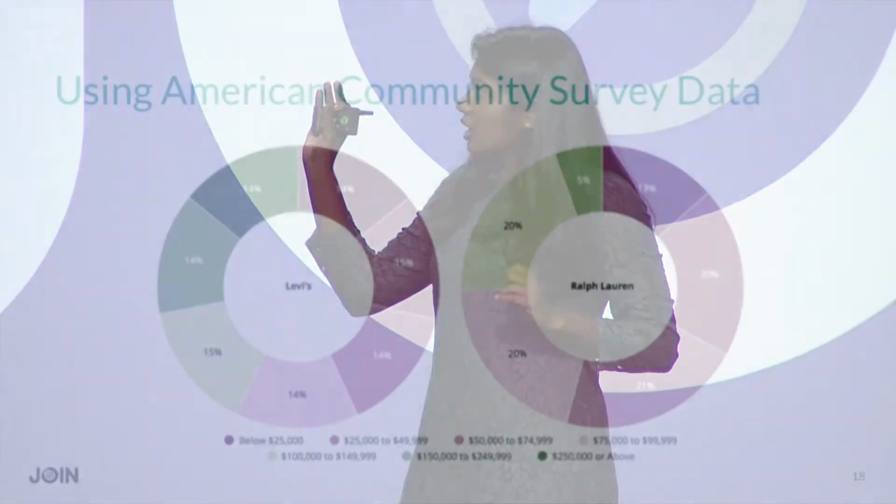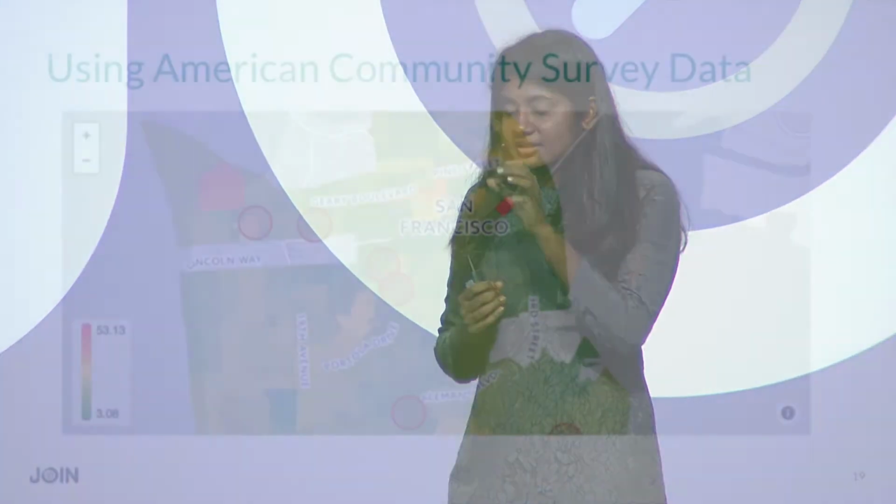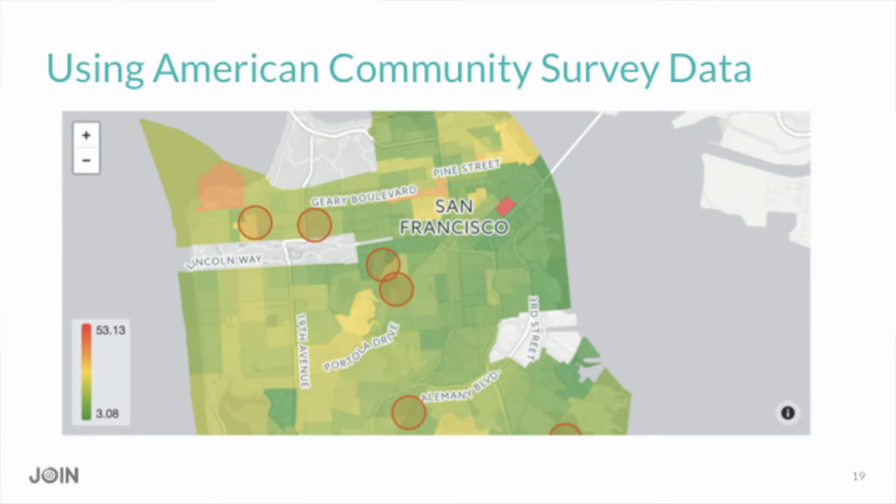How exactly would we go about determining where to place stores to attract that demographic? So in the background there, we're looking at percentage of the population that's over the age of 65. So the areas that are darker or more red are areas where you have a significant amount of the population over 65. And so the circles that we're looking at are where we currently have stores.